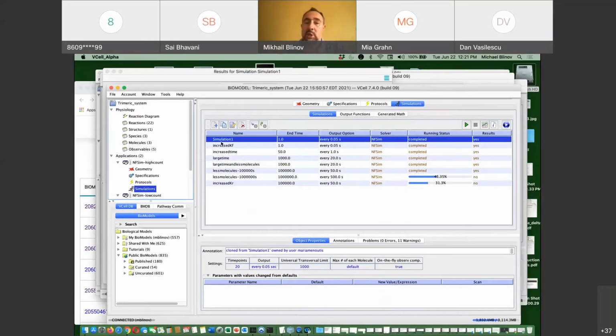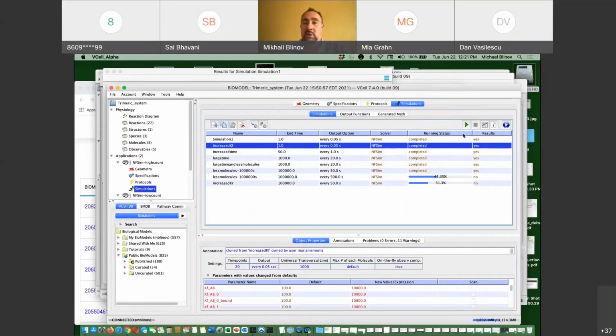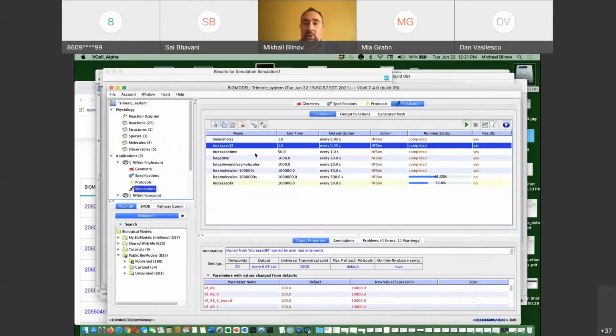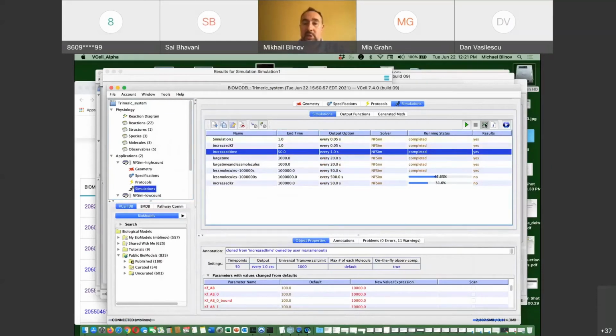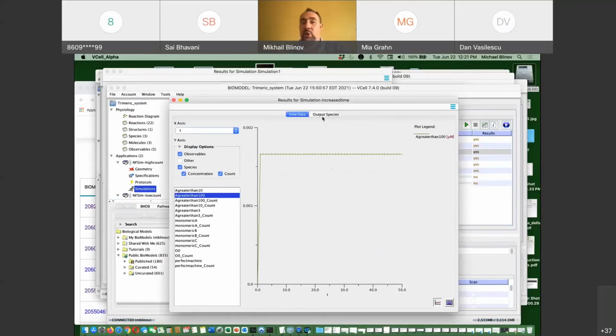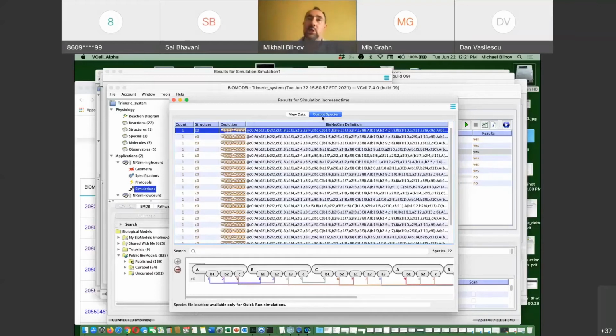Then we can increase the binding rate, the on rate, and see what will happen. It's basically not increasing this cluster formation over the same time, and then we can increase time and see what will happen over a larger time. Again, what Les mentioned, whether this cluster formation can be, so like if you have a couple of large clusters, whether at some point they will click together.